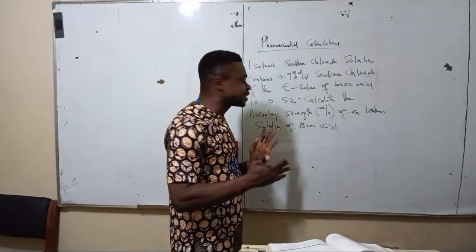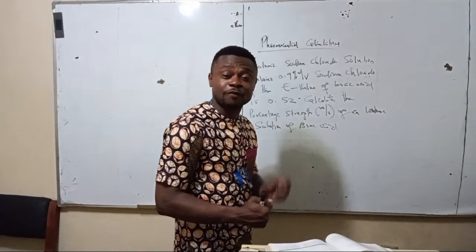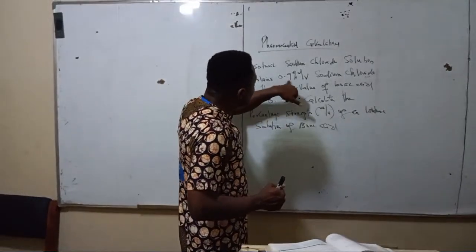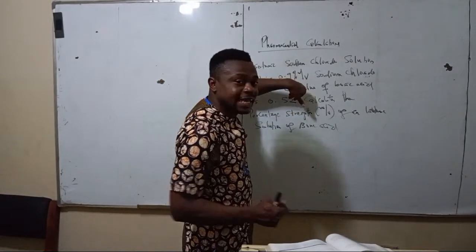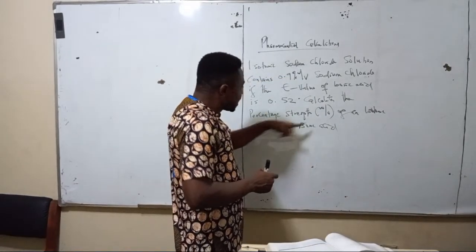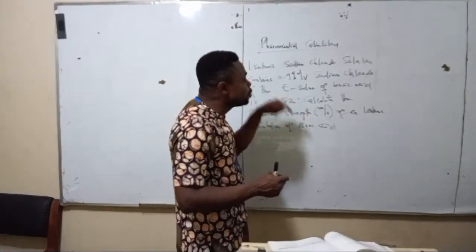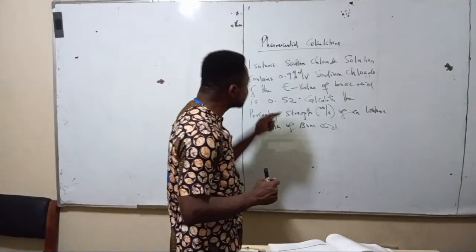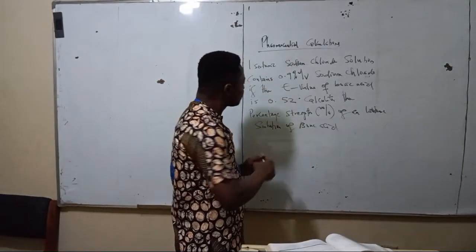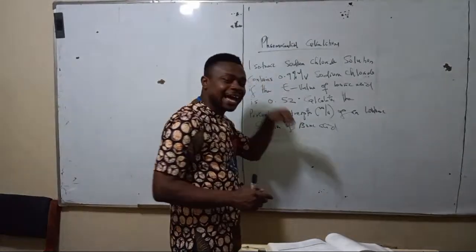So it means that 1 gram of boric acid is equivalent to 0.52 gram of what? Sodium chloride. So if 0.9 gram of sodium chloride in 100 ml solution is isotonic, if you want to know the strength of boric acid that will also be isotonic, all we need to do is to check the amount of boric acid that will have the same tonicity as 0.9 gram of what?